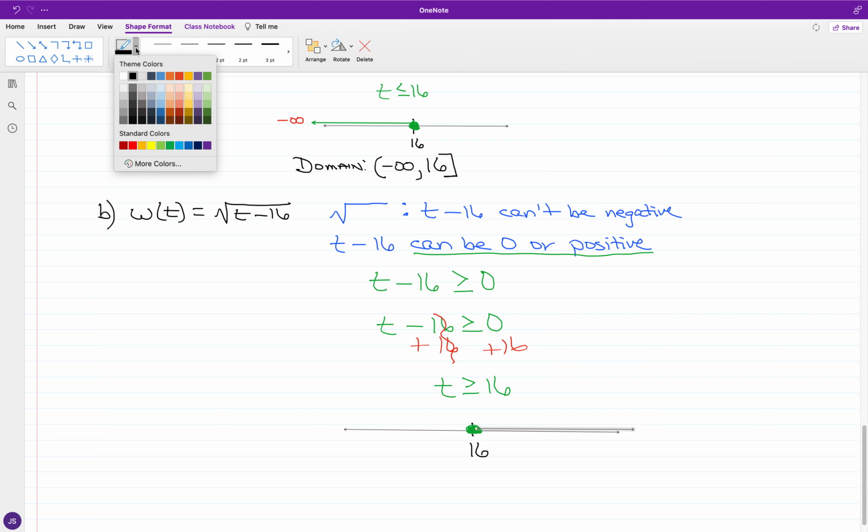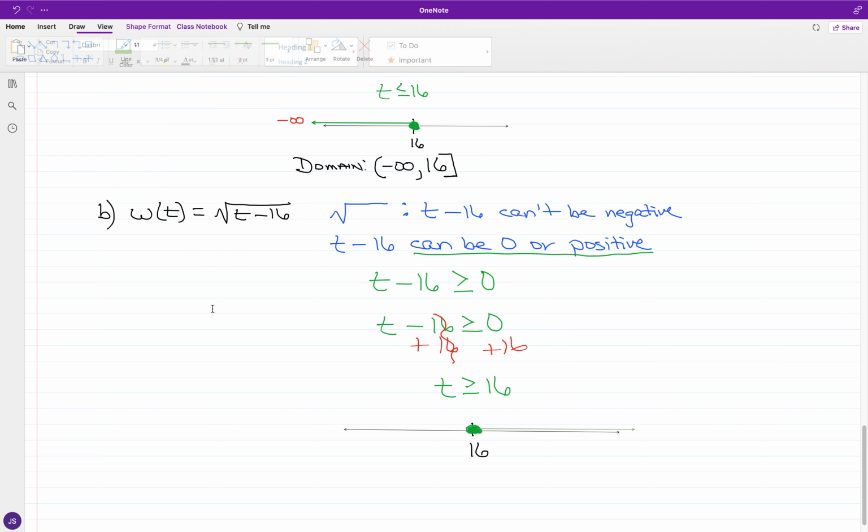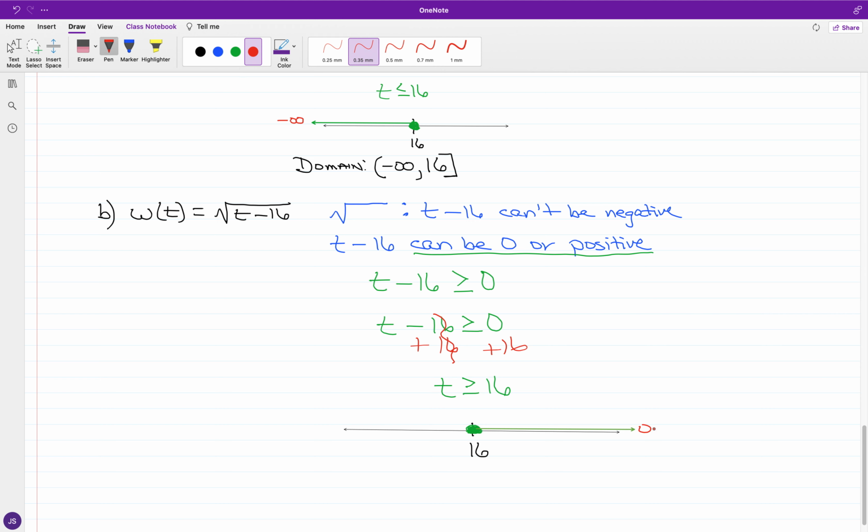And so we have a ray that's going to go continuously to the right and approach infinity. And so for the domain, I'm going from and including 16 on out to infinity.